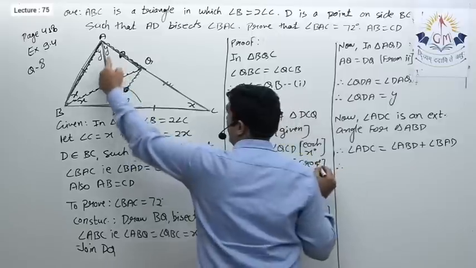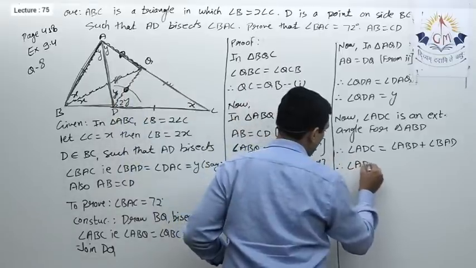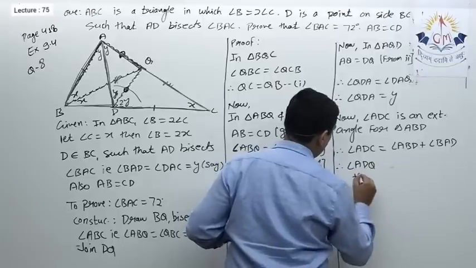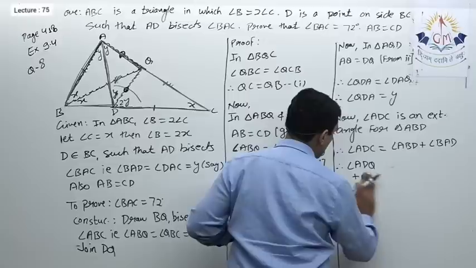Now ADC can be written as angle ADQ plus angle QDC.